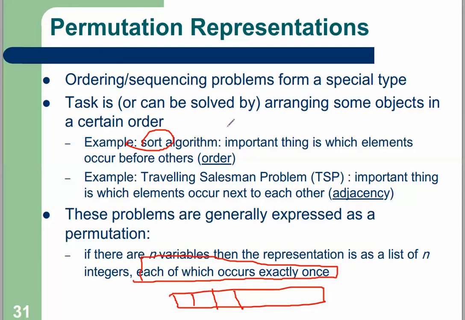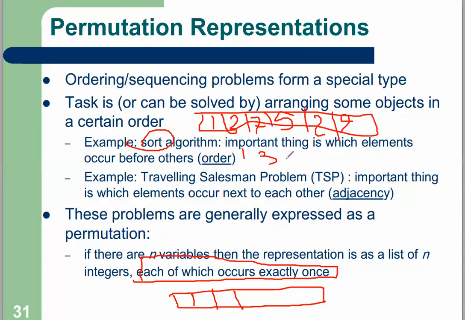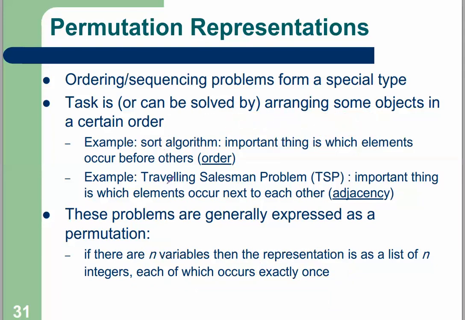You have some digits and you want to sort them. It has a permutation representation because each time you sort these values, for example, you have all of these 6 points without any repetition or deletion. All of the values must exist exactly once.